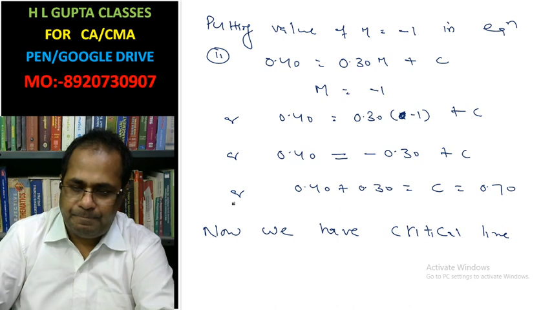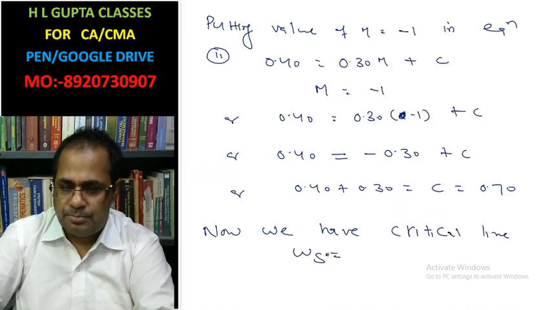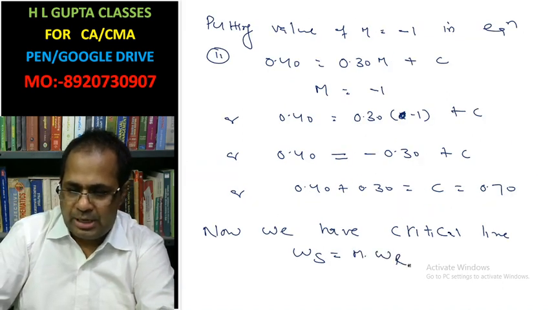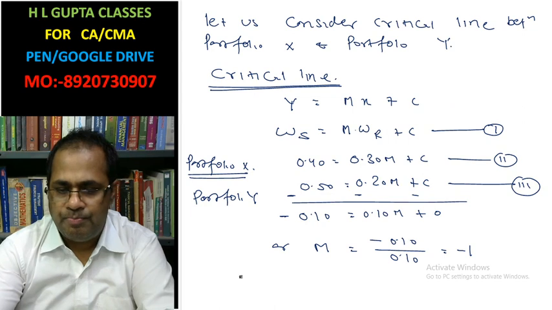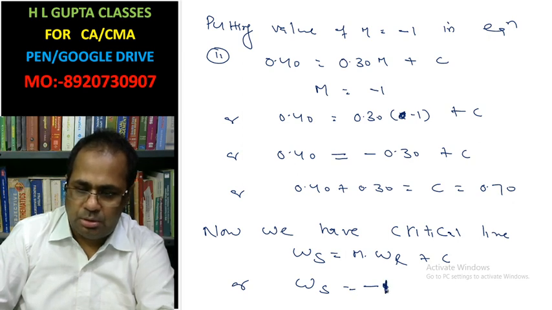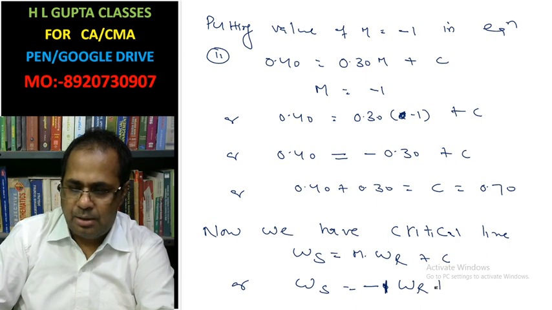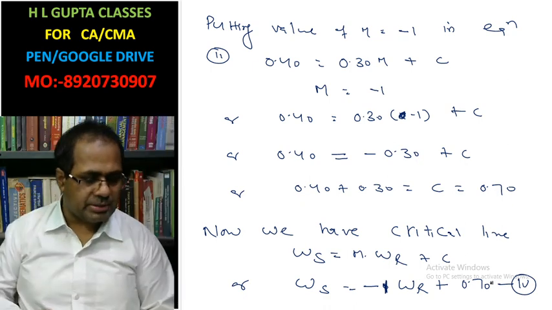Weight S equal to m weight R plus c, or weight S equal to weight R times the value of m, which is minus 1, plus the value of c, which is 0.70. This is equation 4.